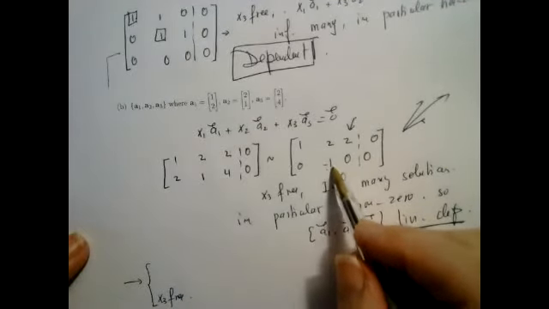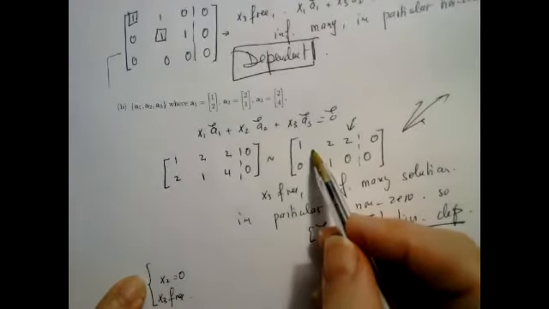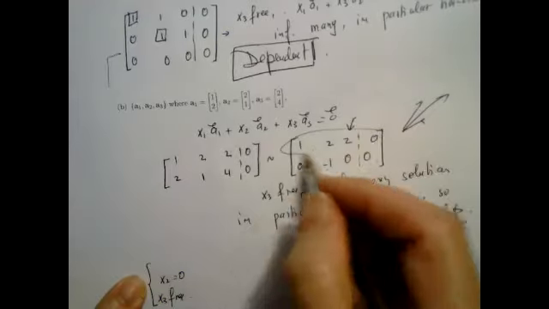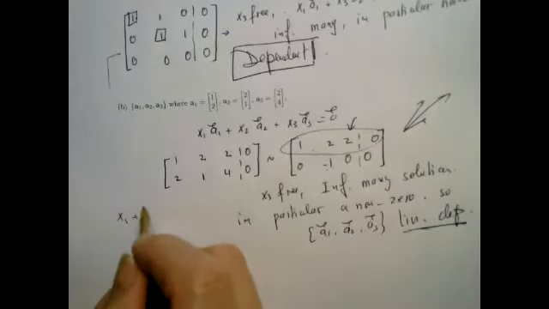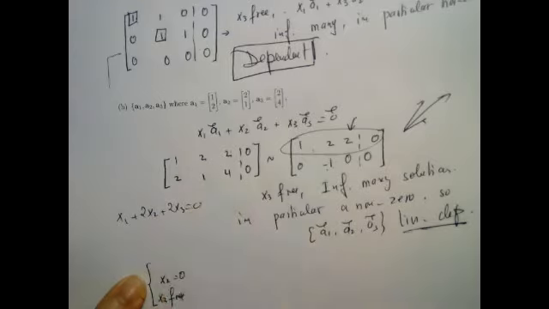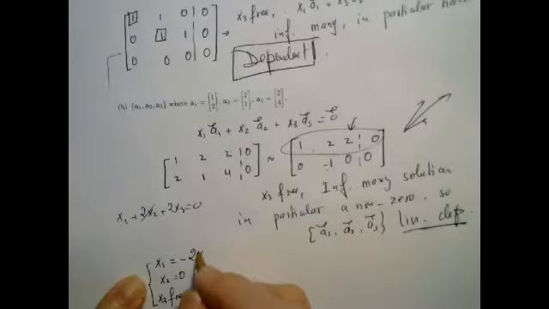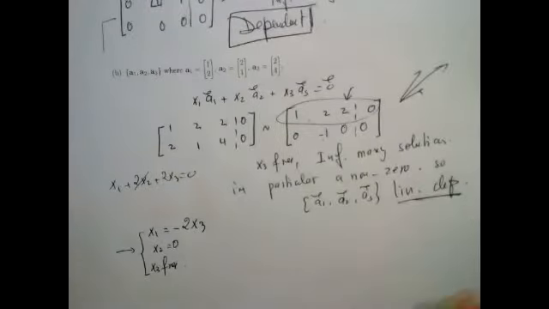Minus x2 equal to 0, x2 is 0. How do I read the first one? We read it x1 plus 2x2 plus 2x3 equal to 0. But x2 is 0, this will leave me with x1 is minus 2x3, right?